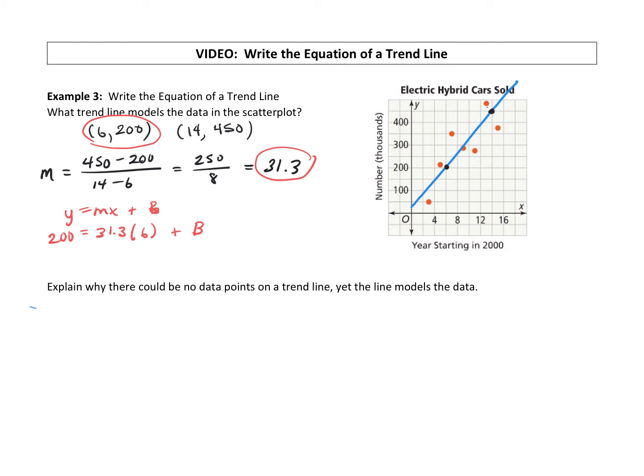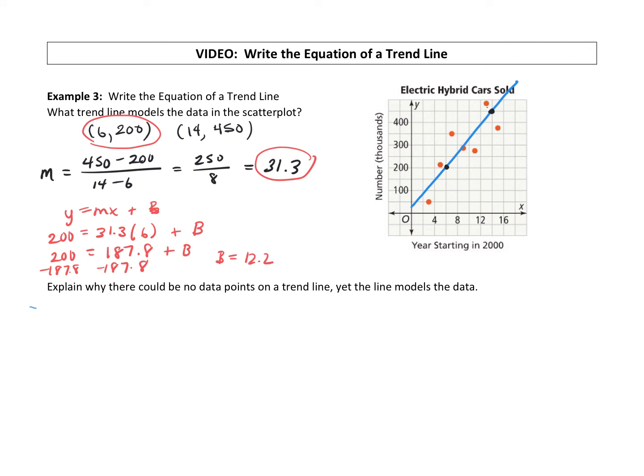All right, so now we need to do 31.3 times 6. We get 200 equals 187.8 plus our y-intercept b. Let's subtract 187.8 from both sides. And we get a y-intercept of 12.2.